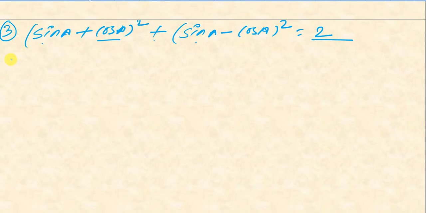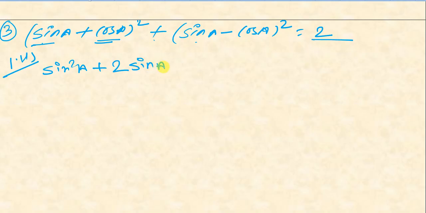You can choose the LHS part. Sin A plus cos A whole square is of the form a plus b whole square. You can use the formula: a square plus 2ab plus b square, which is sin square A plus 2 sin A cos A plus cos square A. And next, plus sin A minus cos A whole square, a minus b whole square.